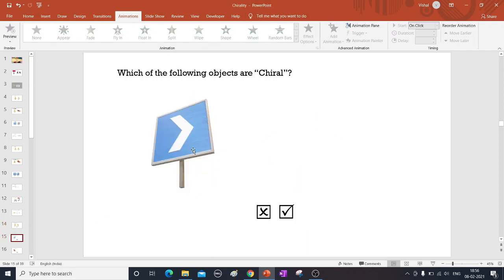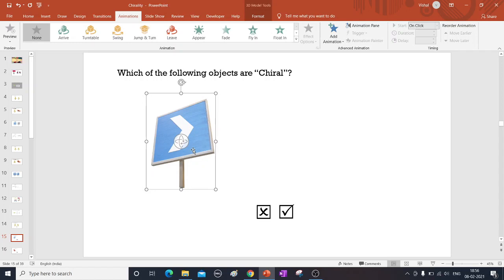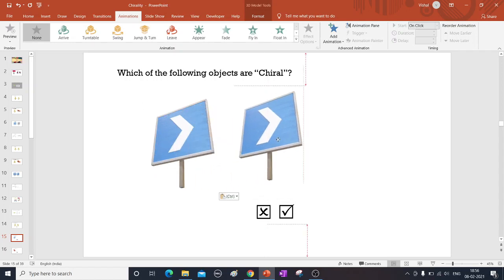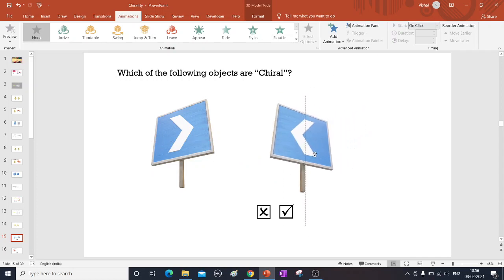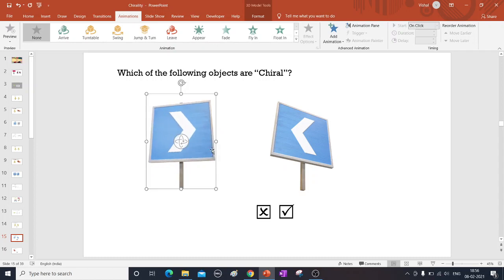How about this one? I'll duplicate it and make its mirror image. And then you have seen before that they can be made mirror images of each other. They are mirror images of each other, right? Once there is a relationship of mirror image between two objects, it exists in all the possible orientations. Even if you flip that object around, that object is still the mirror image of the other one.